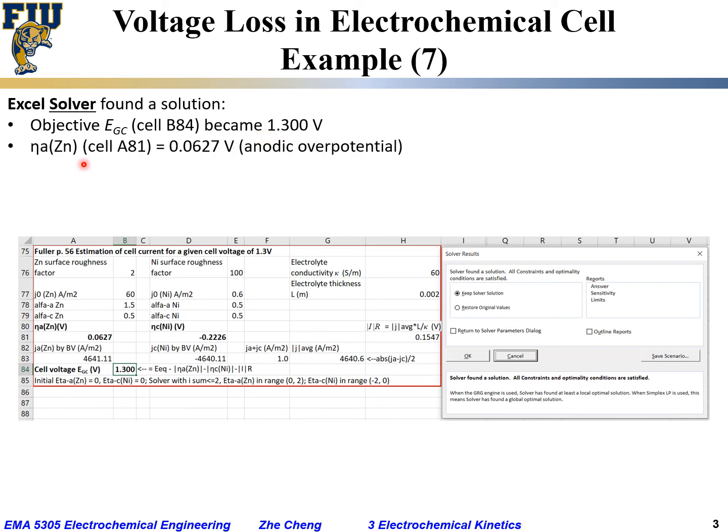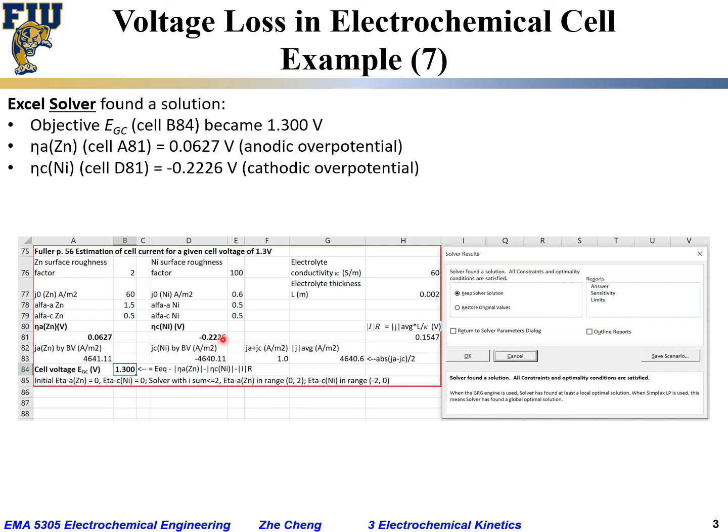And now the optimized or adjusted eta A zinc, zinc anode overpotential, is indeed a positive number, 0.0627 volt or 62.7 millivolt, and it's positive, indicating anodic overpotential. On the other hand, eta C nickel, the cell D81, would be minus 0.2226 or minus 222.6 millivolt, and its minus means cathodic overpotential for nickel.